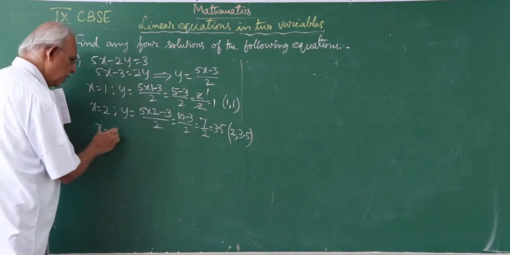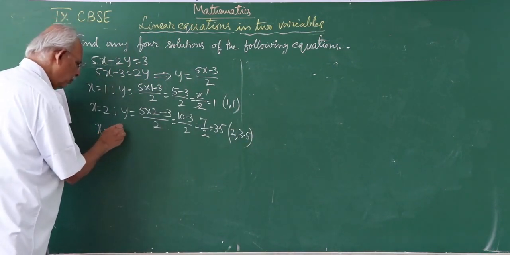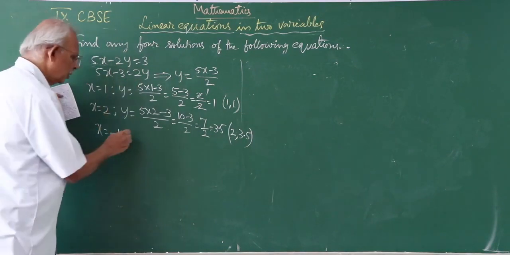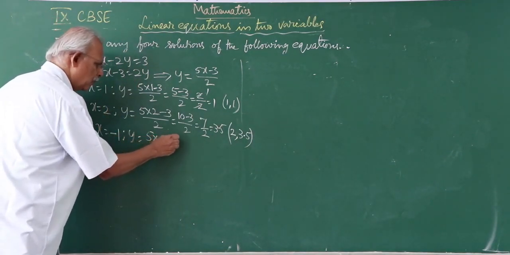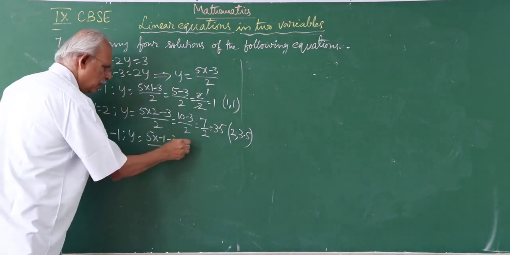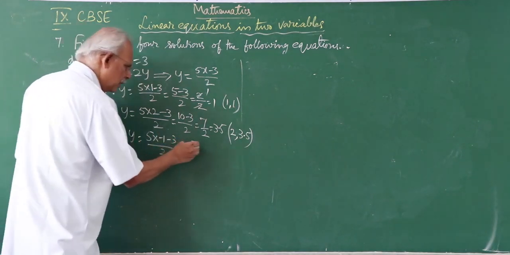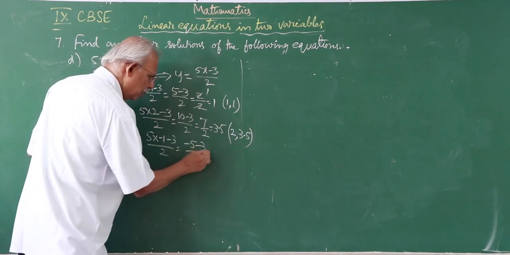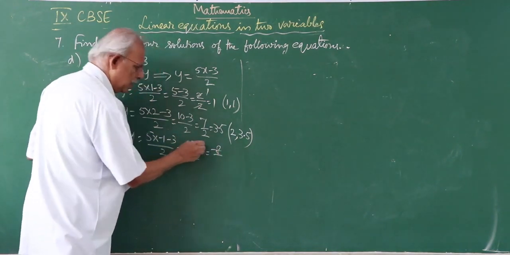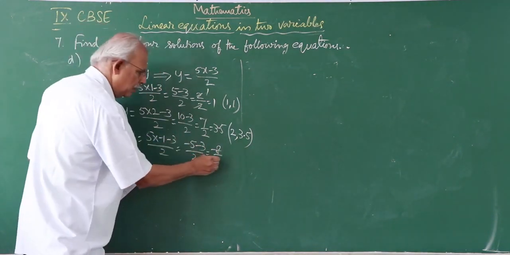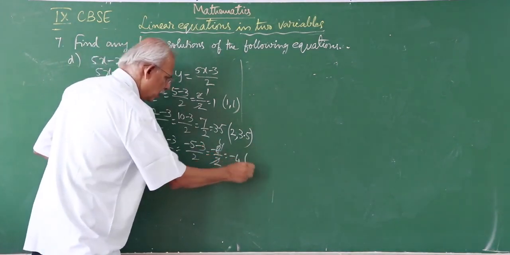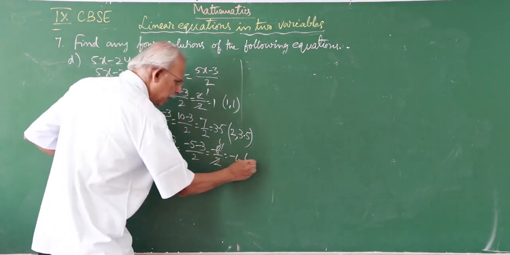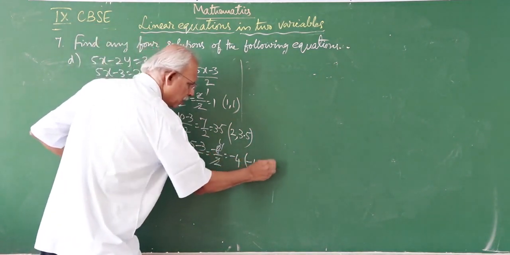Now put x equal to minus 1. You can take any value. y equals 5 into minus 1 minus 3 by 2. That is minus 5 minus 3, which means minus 8 by 2. 2 fours are 8. That is minus 4. So when x is equal to minus 1, y is equal to minus 4.